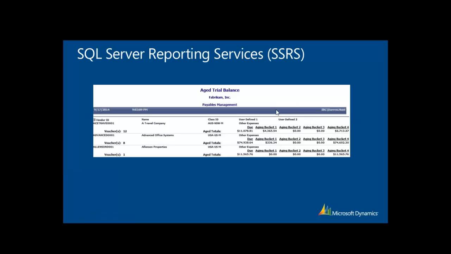So to show you some of the interactivity that this will give you, let me run this report real quick. I'll pull up my trial balance, sort it by vendor ID, and then we'll just view it.